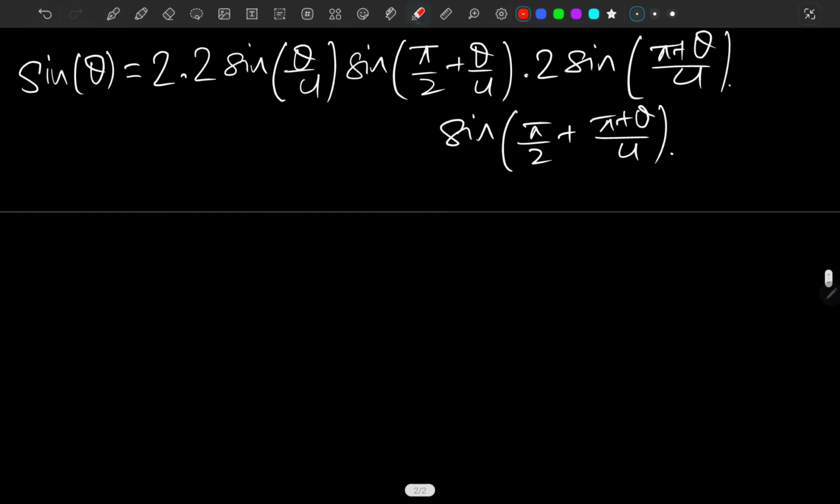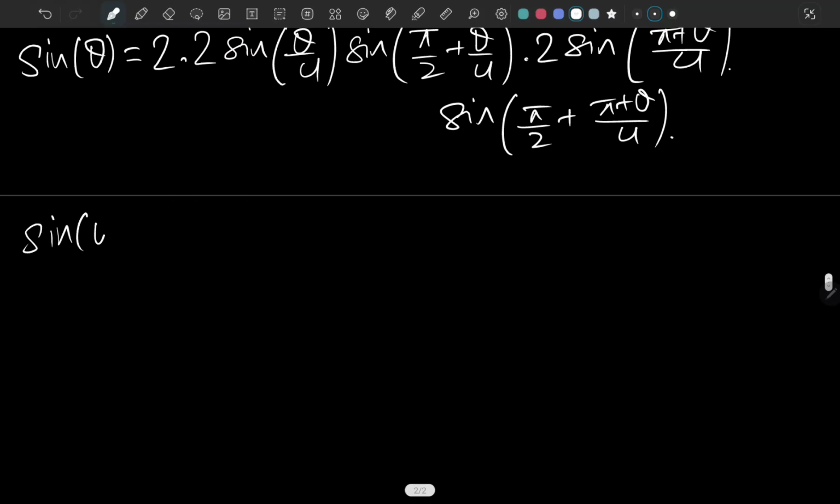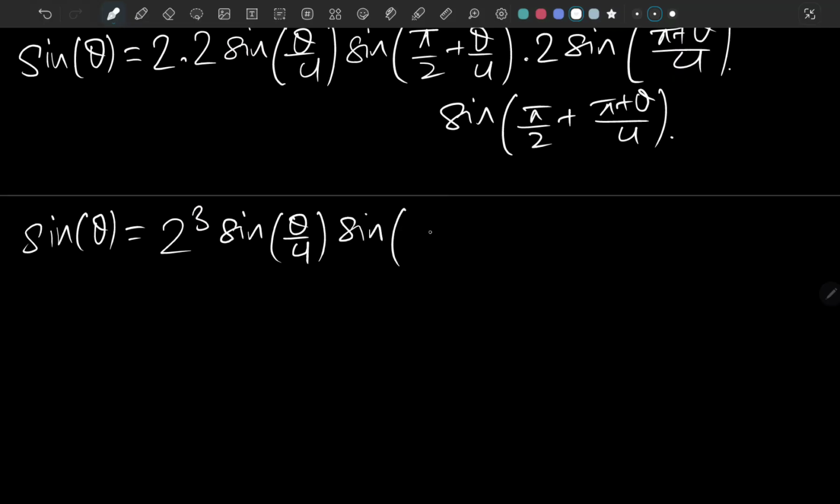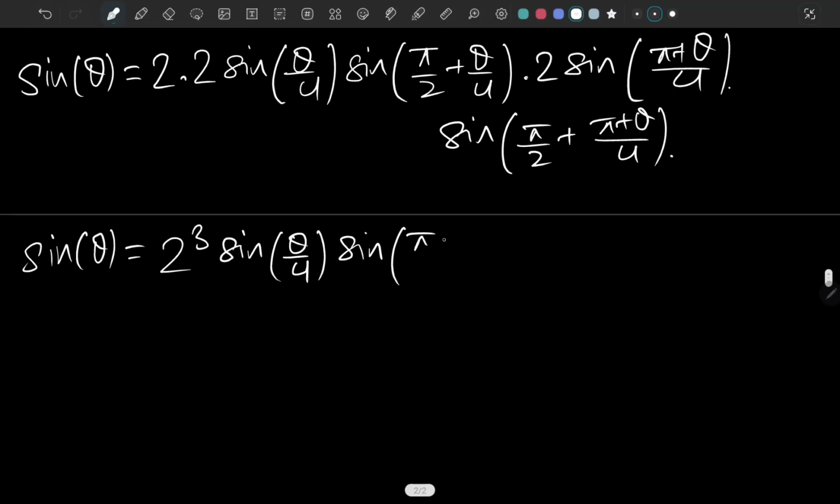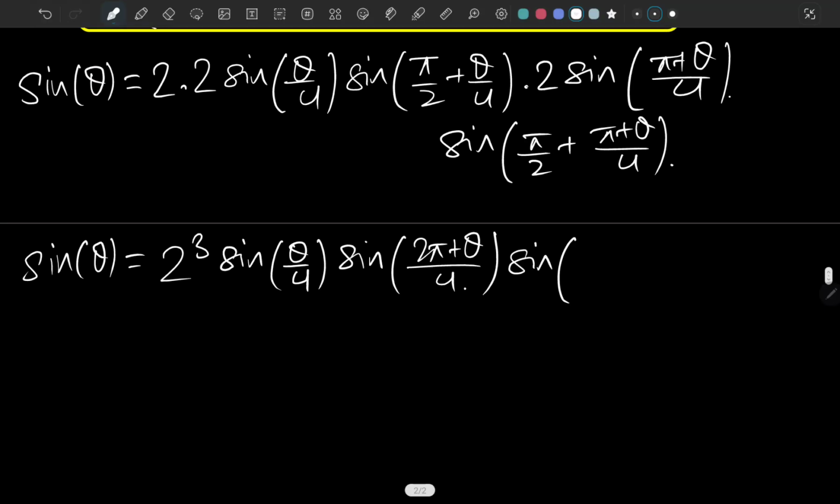So if we combine all these factors, we can say that sine of theta equals 2 to the power 3 times sine of theta over 4 times sine of, I should consider writing that one first here actually.